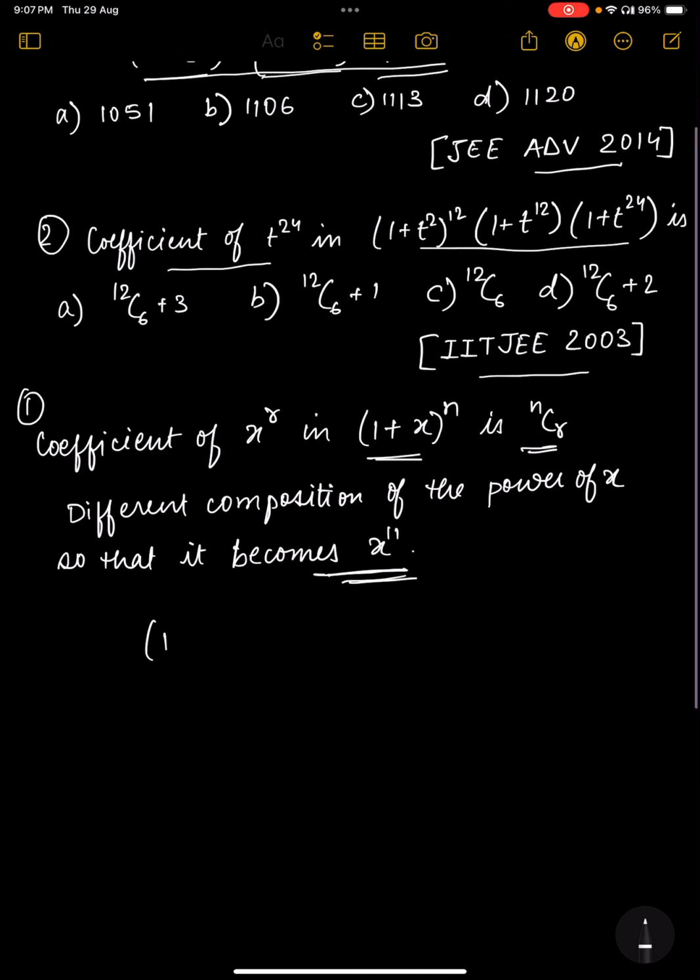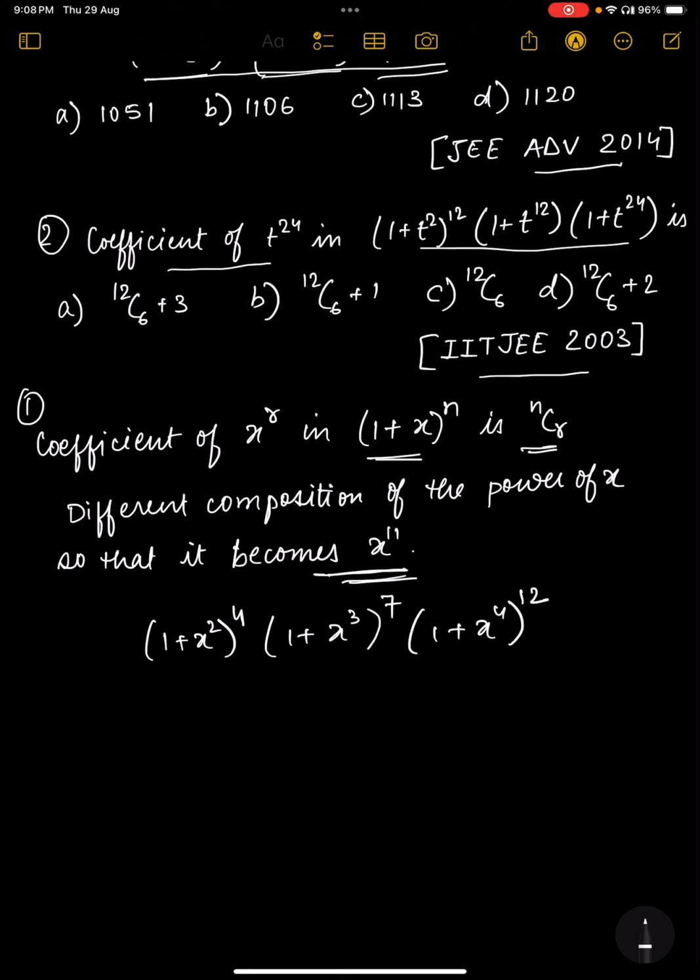Let us see what is the expression which is given to us in the first problem. So (1 plus x squared) to the power 4, (1 plus x cube) to the power 7, and (1 plus x to the power 4) to the power 12.